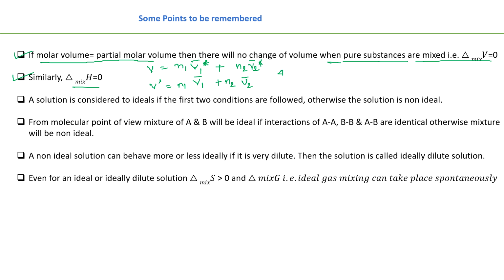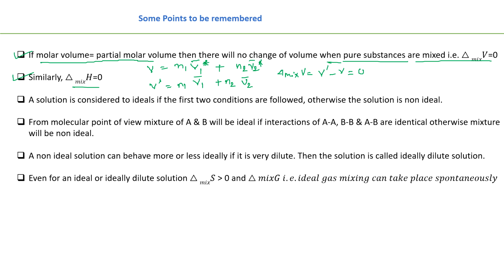Now delta mix V equals V dash minus V, right? If it is ideal, that means V dash minus V equals 0. V dash minus V equal to 0 means, what does it mean? That partial molar volume and molar volume both are equal.